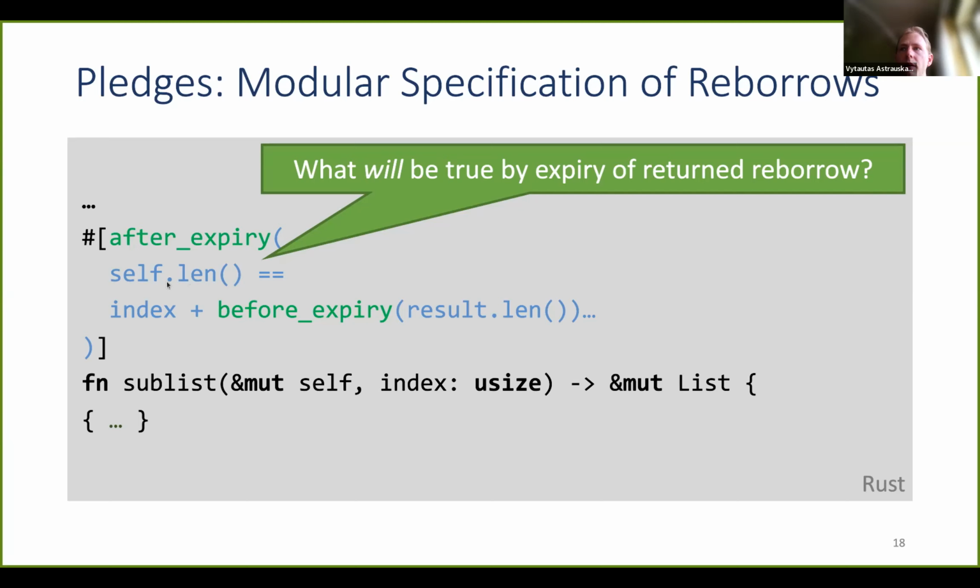So we say that the length of the list will be index plus, and this before_expiry evaluates the expression just before the reference expires, and it evaluates the result reference. So basically, in other words, what we say is that the length of the final list will be index plus the length of the result, the reference that was returned by the function.